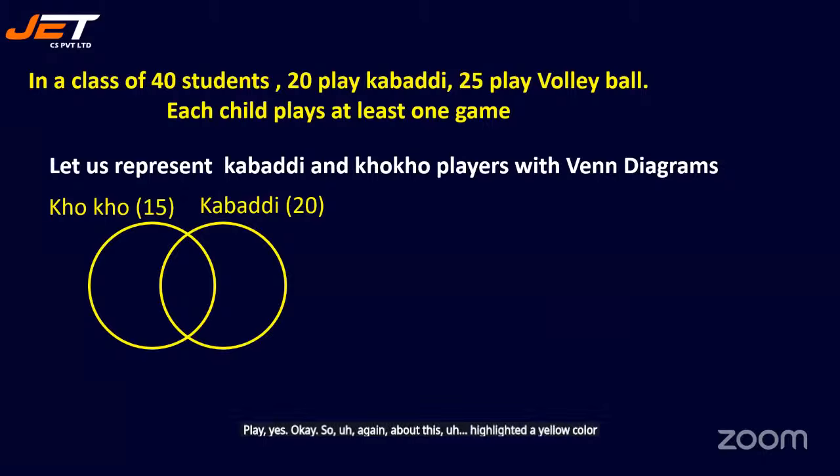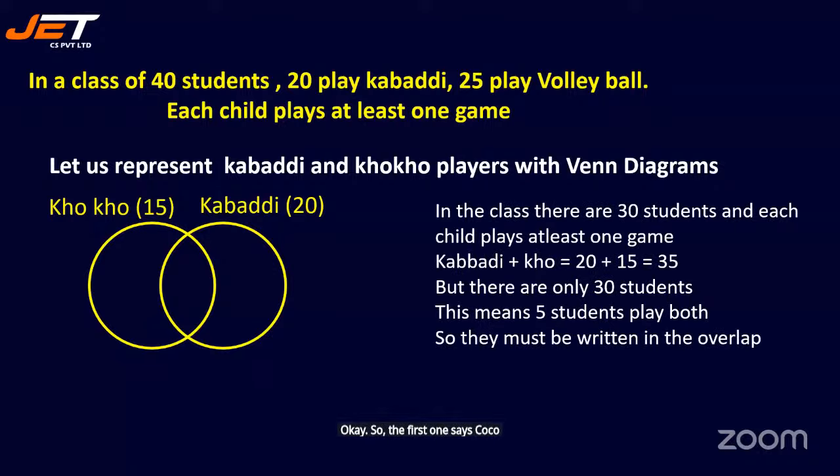We are just going to learn the concept, how this Venn diagram has to be drawn and how through that the answers can be reached. The first one says Kho-Kho. Second one says kabaddi. In the class, there are 30 students and each child plays at least one game. Kabaddi and Kho-Kho, 20 plus 15, 35. But there are only 30 students. So this means that 5 students play both.